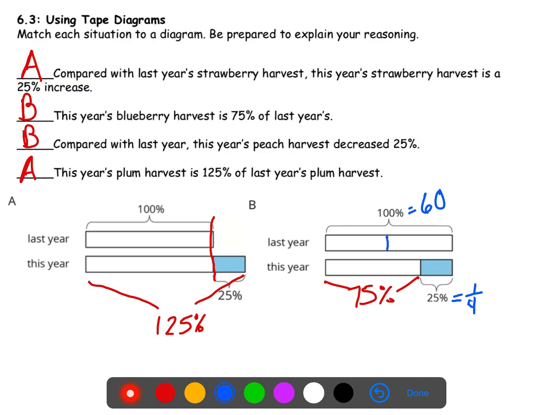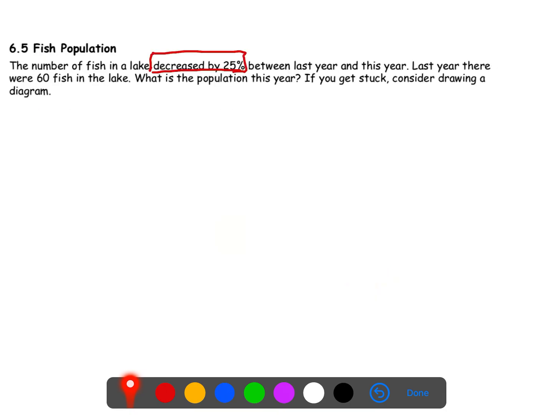That means we're going to divide this into 4 equal parts. And 60 divided into 4 equal parts is 15 for each of those parts. Now, since the population decreased by 25%, the remaining amount is the fish for this year. 3 of these groups, 3 of these 15s. So looking back at this problem, we're going to have 45 fish this year.